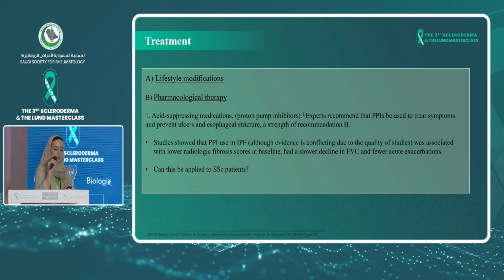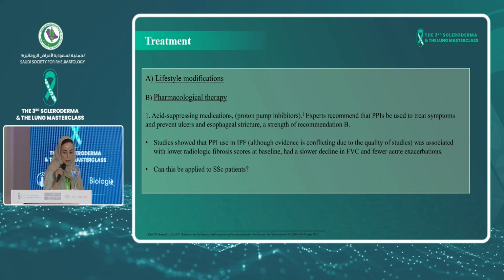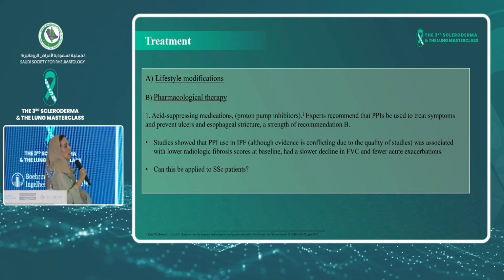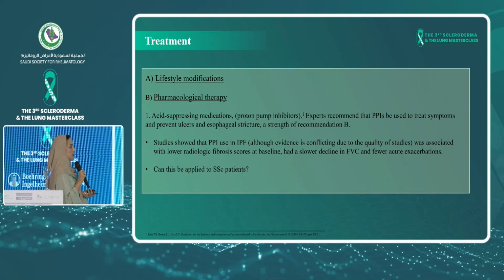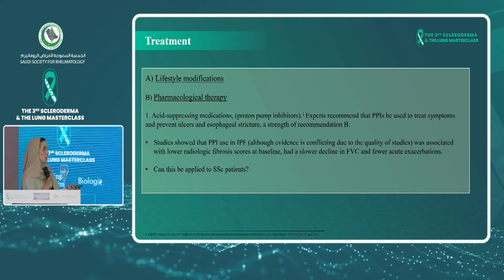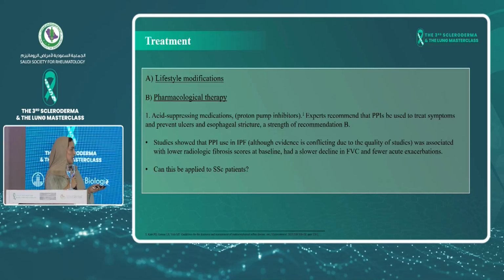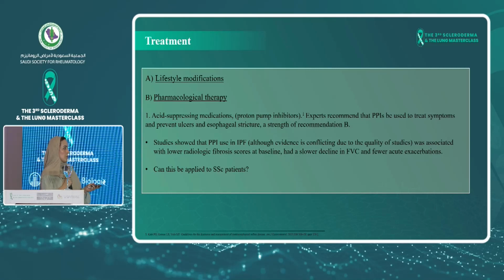Pharmacological therapy, the big guns are the acid suppression medications, the PPI. Expert recommends that PPI be used to treat symptoms and prevent complications with a strength of recommendation B. There is not a lot of clinical data on PPI use in patients with systemic sclerosis and ILD, but there is a lot of literature about idiopathic pulmonary fibrosis, and those medications work because patients on PPI showed lower radiological fibrosis scores and had a slower decline in FVC and fewer acute exacerbations.